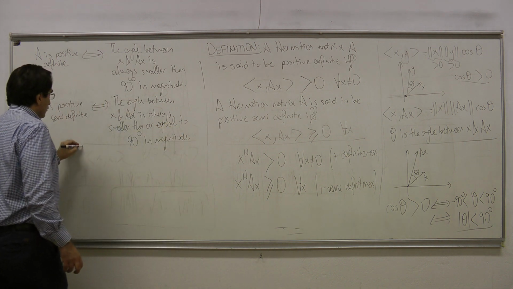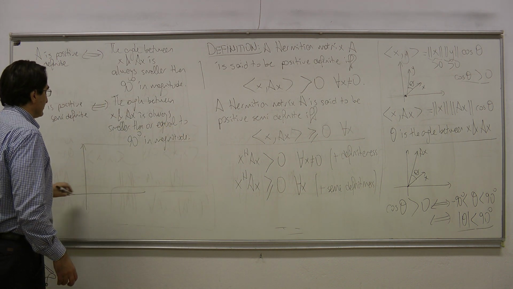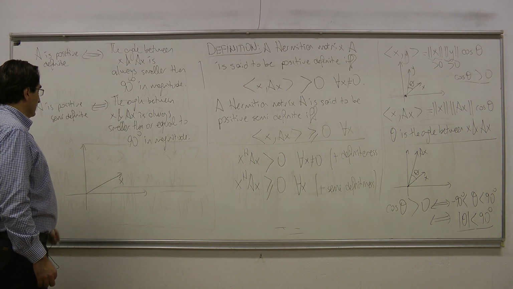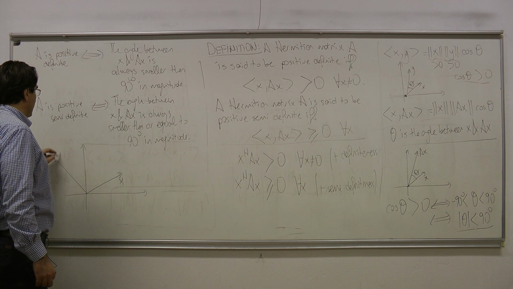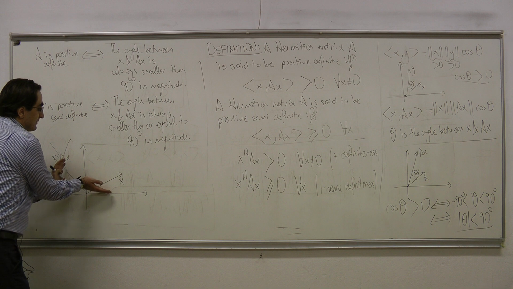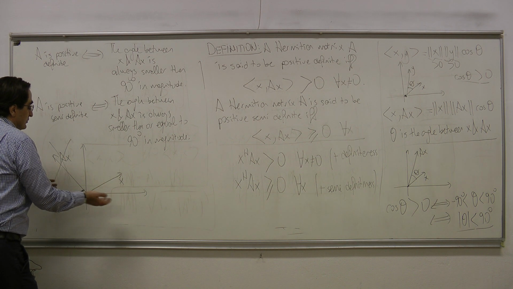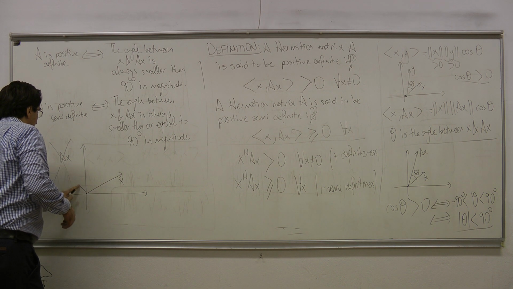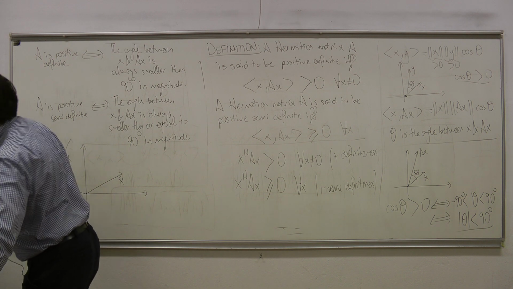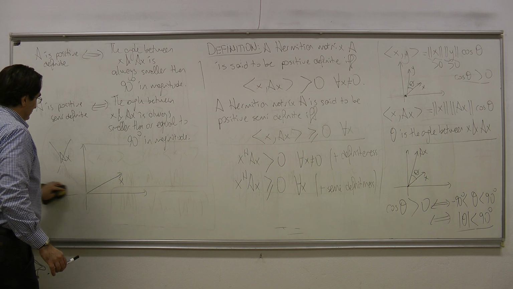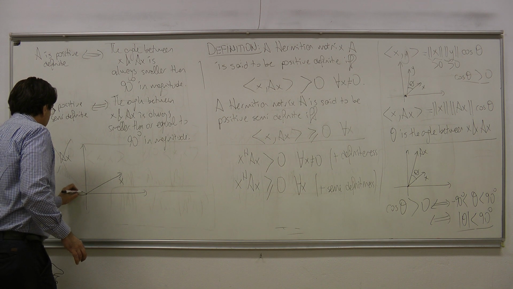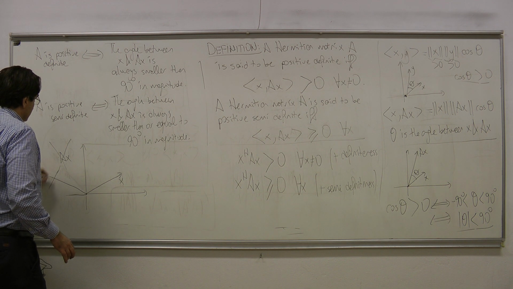Okay? So when I look at a positive definite matrix, if I start with a vector x, then Ax can never be like this for a positive definite matrix. This angle between x and Ax can never be larger than 90 degrees. Maybe I should draw it, so I'm really sorry. So Ax can never be in this direction. Okay?